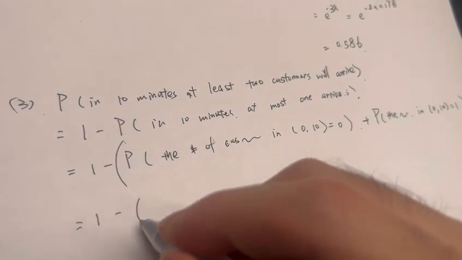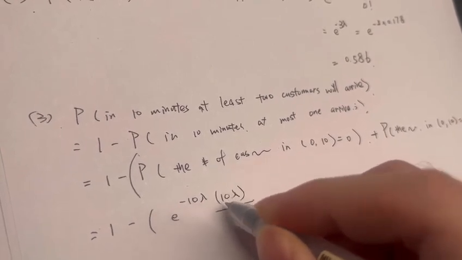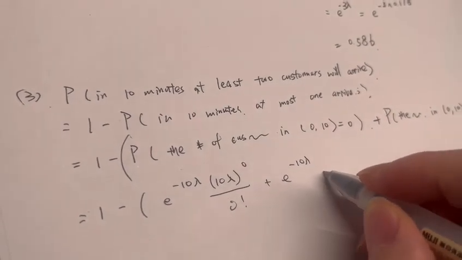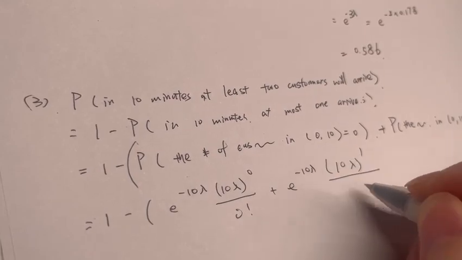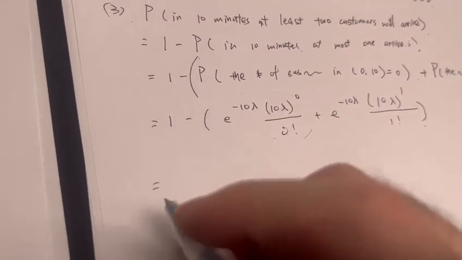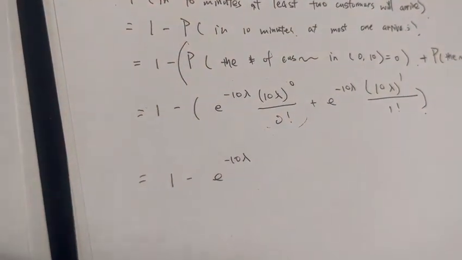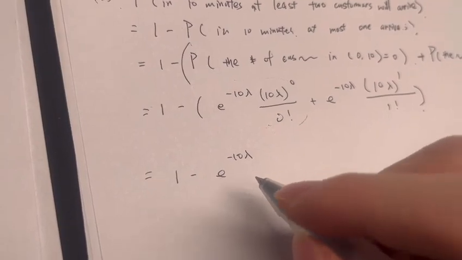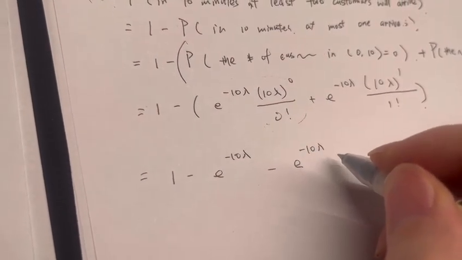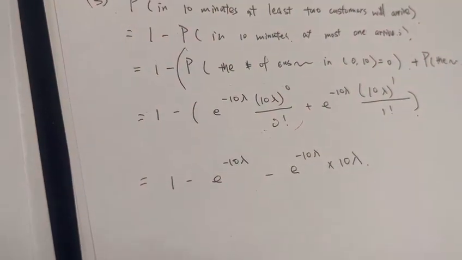The part with 0 factorial equals 1, so we can write it directly as e to the power of negative 10 lambda, plus e to the power of negative 10 lambda times 10 lambda.